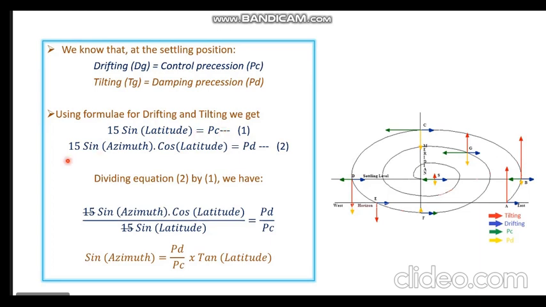Exactly in the same way, since tilting is equal and opposite to damping precession, tilting is given by 15 degrees sine of azimuth cos of latitude. It is equal to the damping precession, which we represent as PD. Now we have these two equations in front of us.